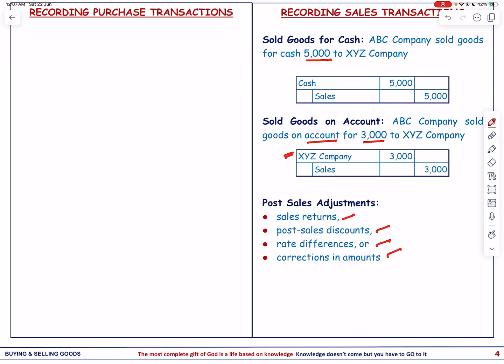The next question pertains to the responsibilities for issuing debit or credit notes and the specific circumstances or transactions that warrant their issuance. So let's begin by discussing the responsible party for issuing a debit or credit note in the context of sales.